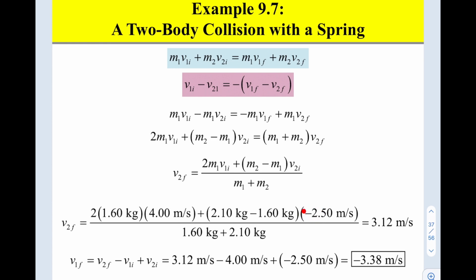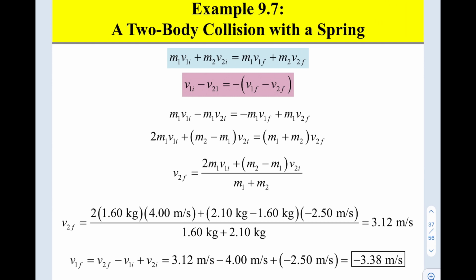Be careful with the negative sign for each velocity; you have to bring it along within your calculation. Then once you've got V2 final, substitute into this equation to figure out V1 final. Then you will get negative 3.38 meter per second. Negative means the opposite direction to this one.